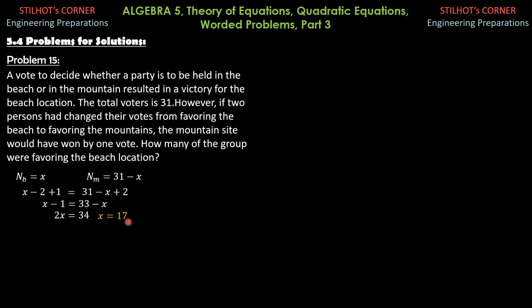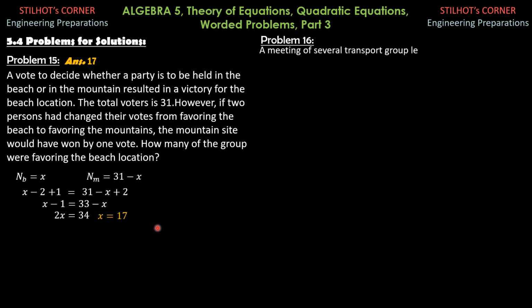So if we apply the condition x minus 2, so 15, then 14 plus 2, 16. So that's why if two persons had changed their vote from favoring the beach to favoring the mountains, then the mountain side would have won by one vote. That checks. So that's why 2x is 34, x is 17.